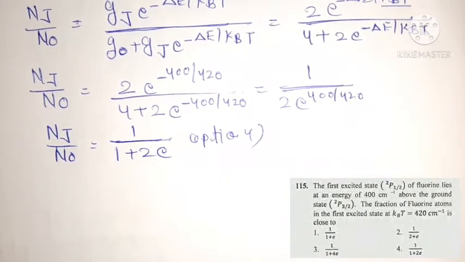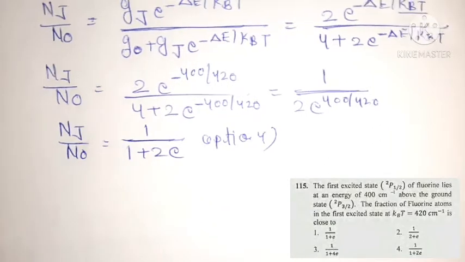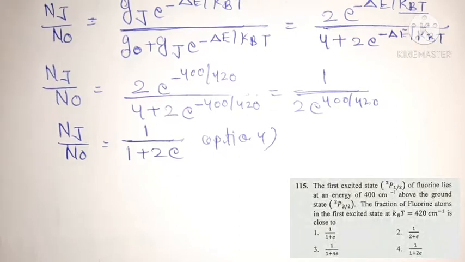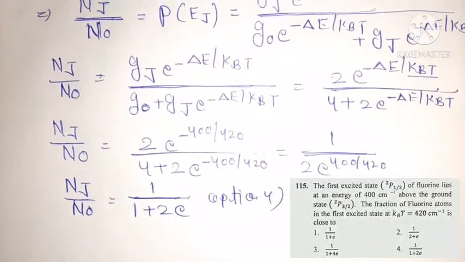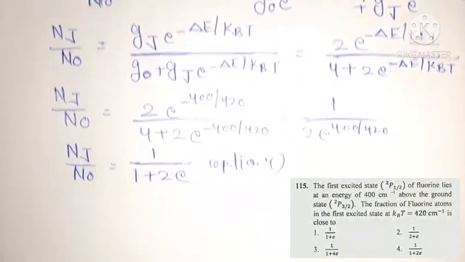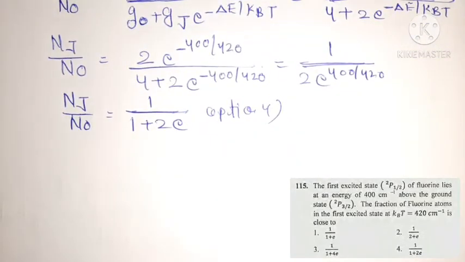So this is the relative population of fluorine atoms, or fraction of molecules of fluorine, present in the first excited state. See once again, this is a typical question, friends. I hope you understand it.